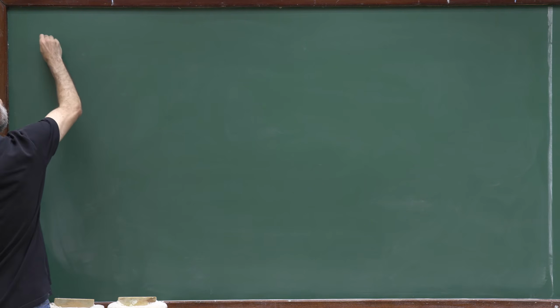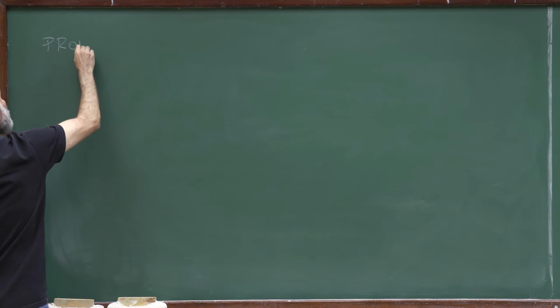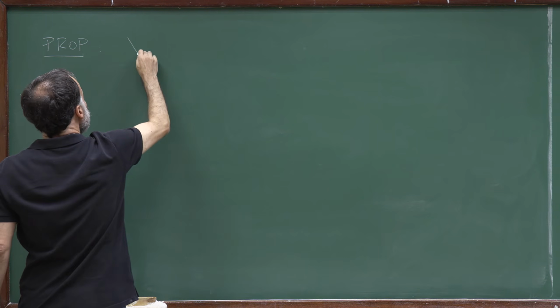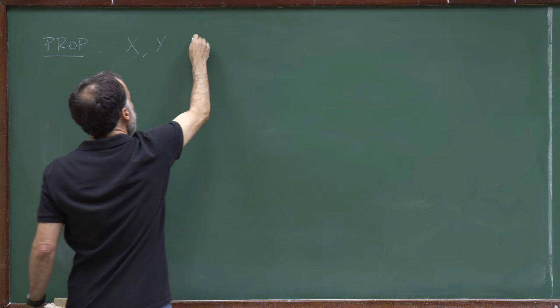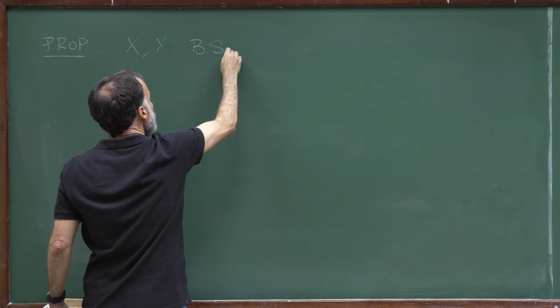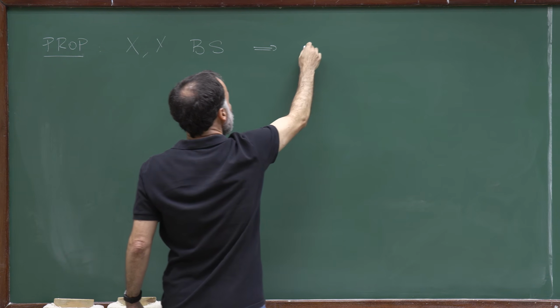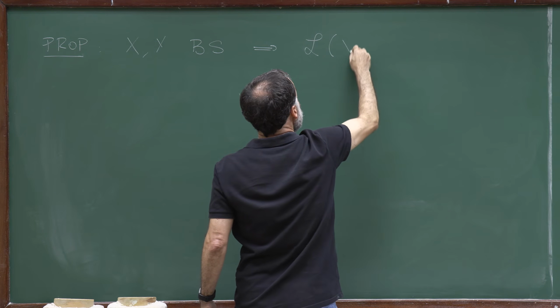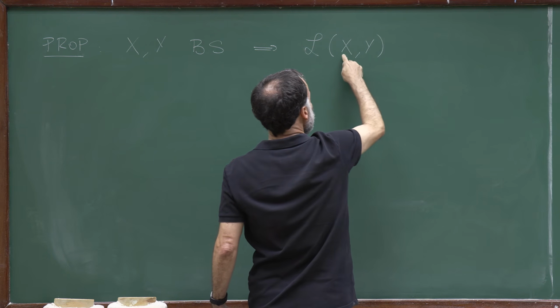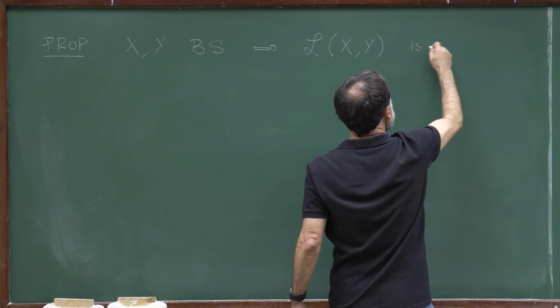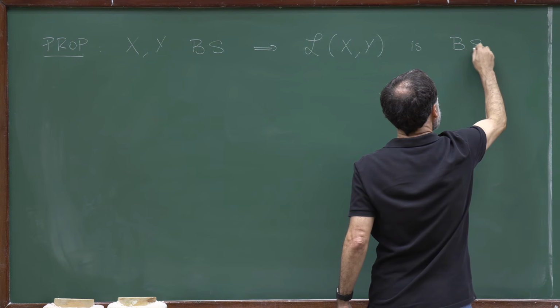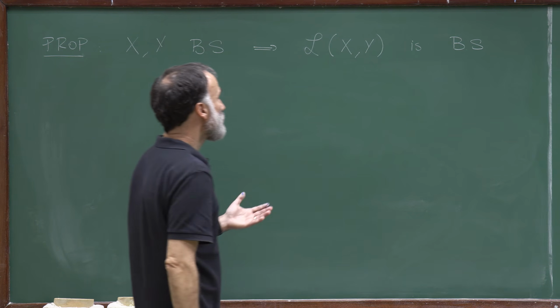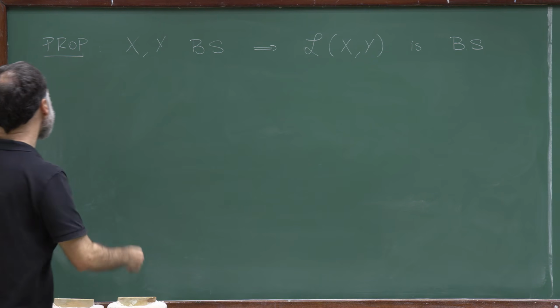So, proposition: let's assume that x and y are Banach spaces. My claim is that the linear space of bounded linear operators from x to y is a Banach space. So we proved already that it's a normed linear space.